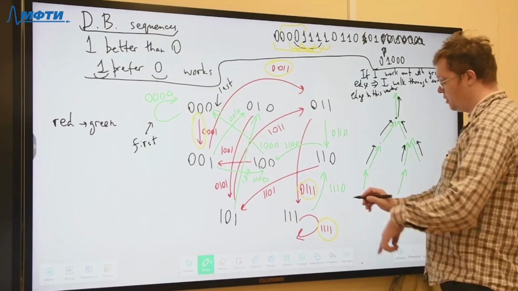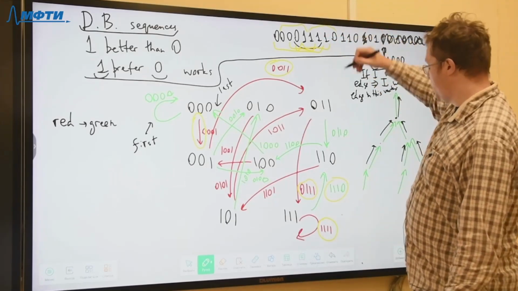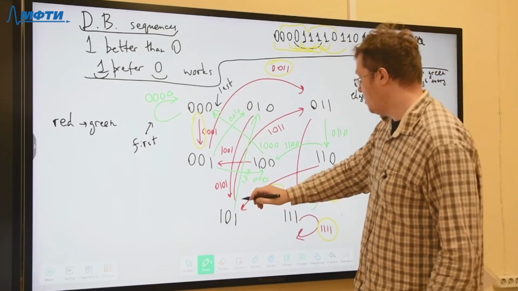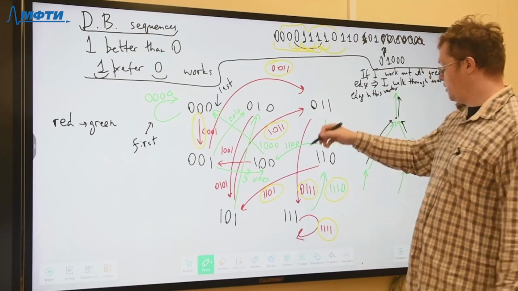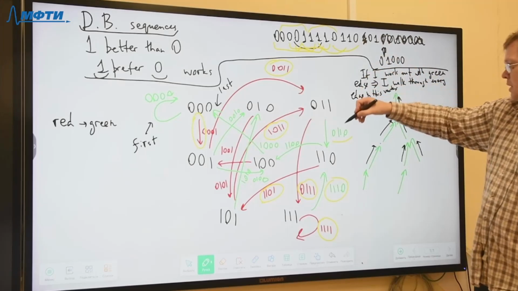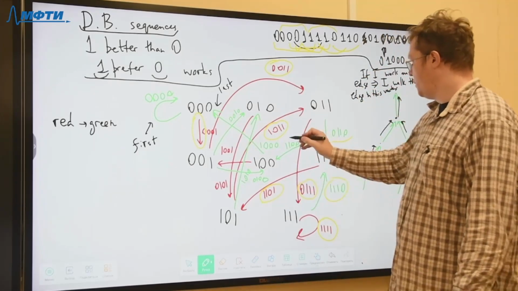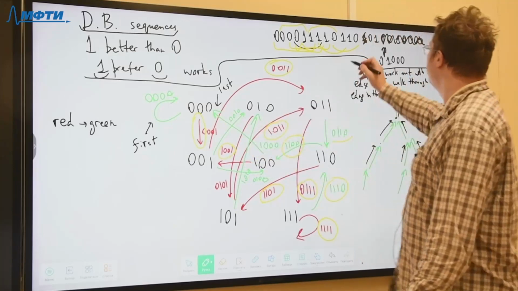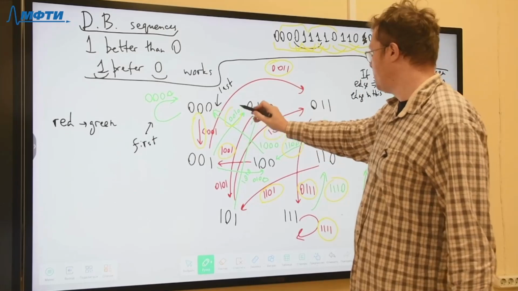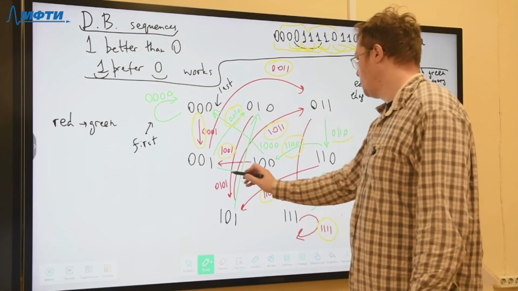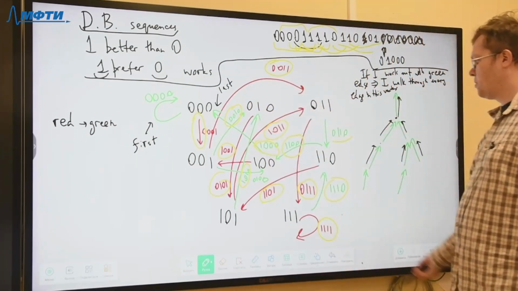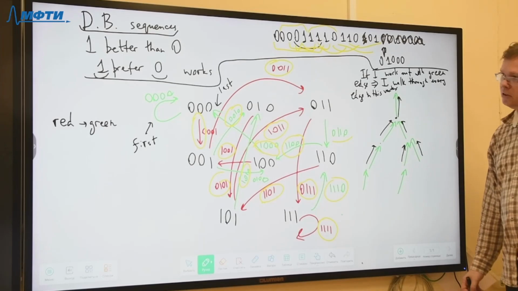So I use a green edge, then I need to use red here, then I can use red, but again I already use red here, then I use green, and I already use red and I use green, then I use red here, and I already use red, then I use green, and so then I use red, green, and then this one. So I just walk through every edge using this algorithm.